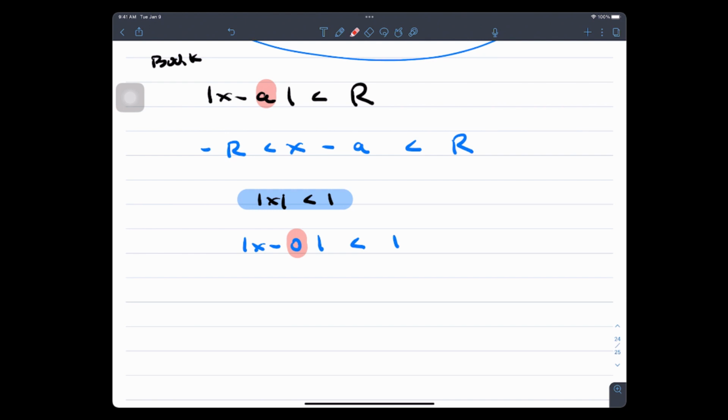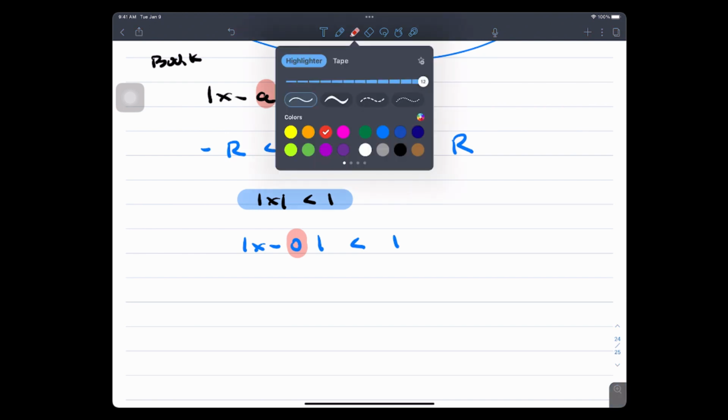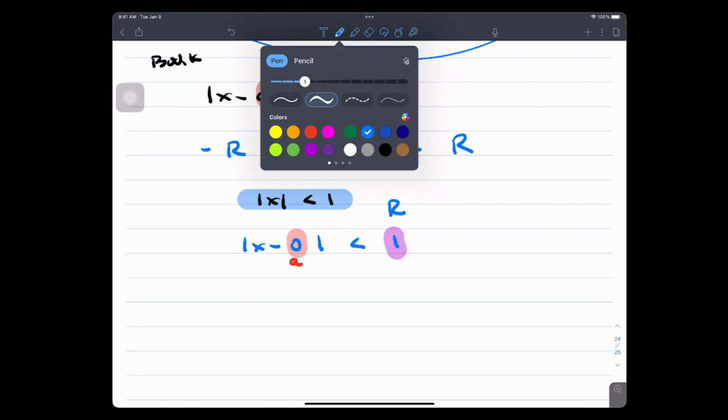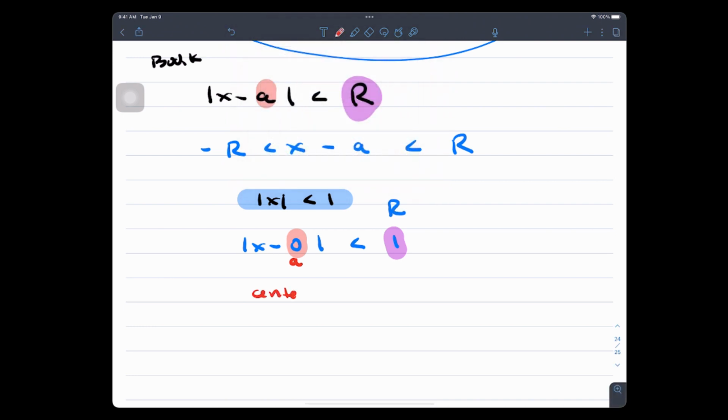And the radius of convergence, now if I change the color, this is your radius of convergence, is 1. So this is the center, really, of that interval of convergence. If you look at that detail, we say the radius of convergence, r, is 1. So that's what the book starts to say. Okay, the center of the interval is at a, and that radius is 1.